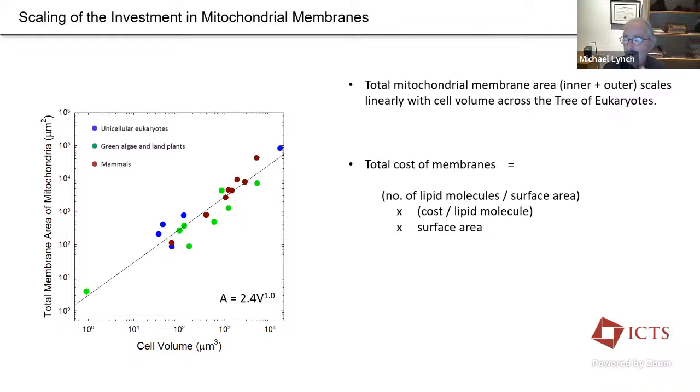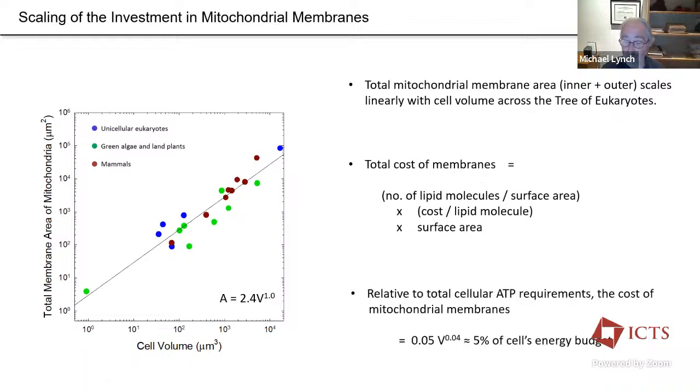I'll show you when I switch to the next lecture, we know what the biosynthetic cost of making a lipid molecule is. And I've just showed you the surface area and how that scales with cell volume. So the product of these gives, the cost here will be in terms of ATPs required to build membranes. The product of these is the total cost of membranes. I'm sort of jumping over a lot of technical details and not showing the actual numbers on each step here.